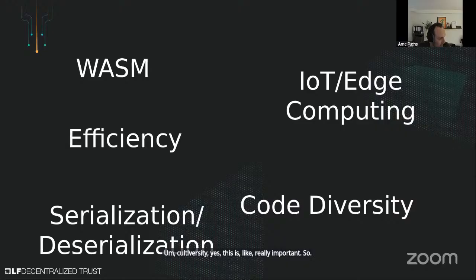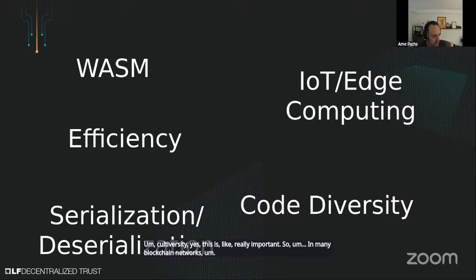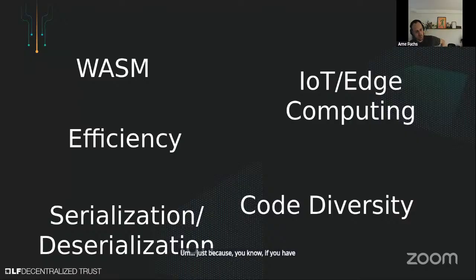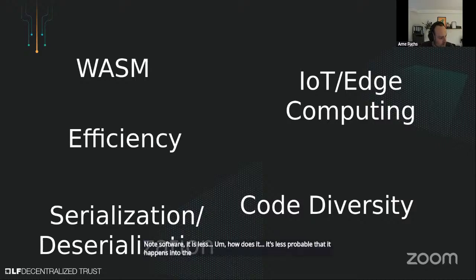So in many blockchain networks, you try to have as many languages included as possible, especially for the node software. I think Ethereum does this. They have their node software implemented in several languages, because if you have a bug in one of the node software, it's less probable that it happens in the other languages too.